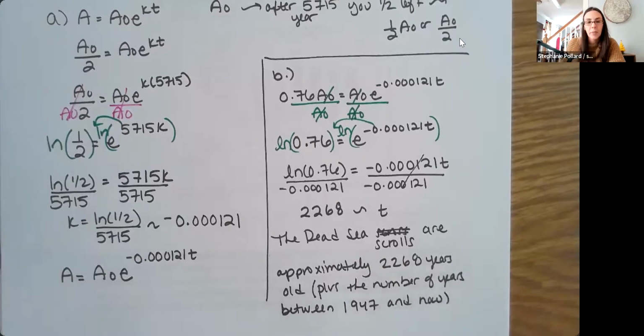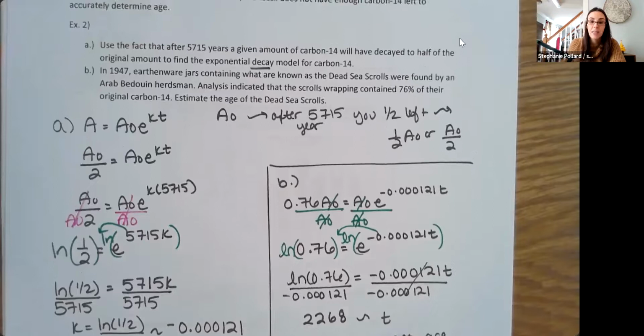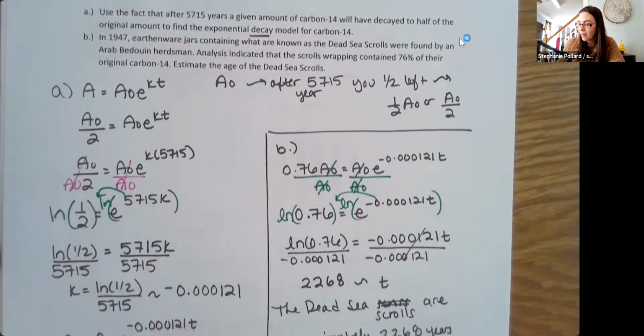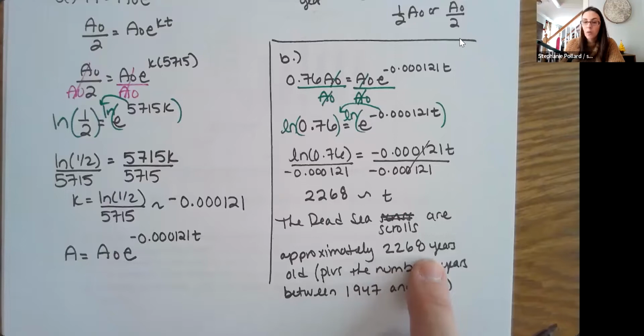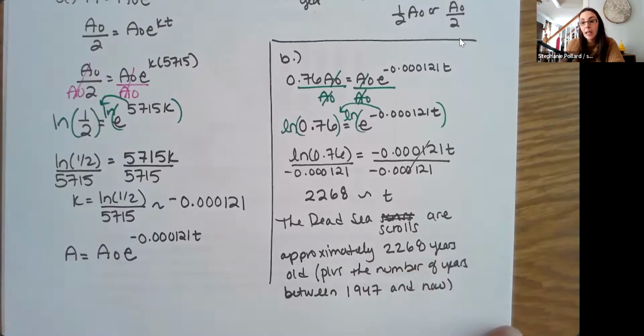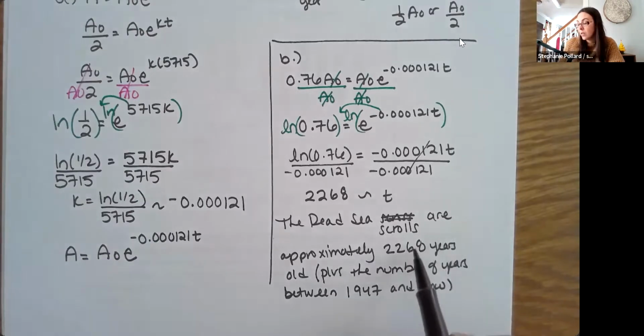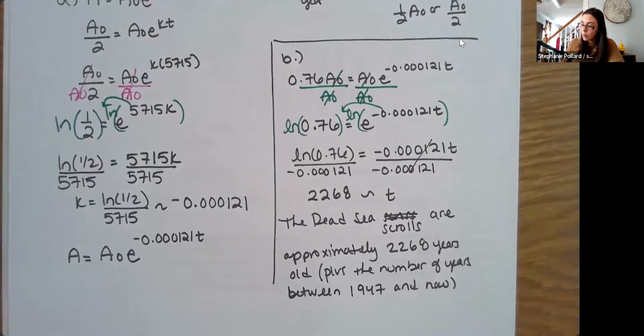That piece is there because this was found back in 1947. This calculation would have been analyzed back in 1947, we'll say. So at the time, we had approximately 2,268 years. If we want to make that a little more accurate, nowadays we're adding about 60 years, a little over. So we would add another 60 years to this. So it's over 2,300 years old at this point, approximately.